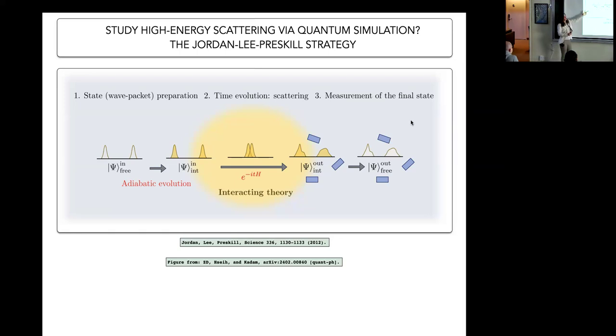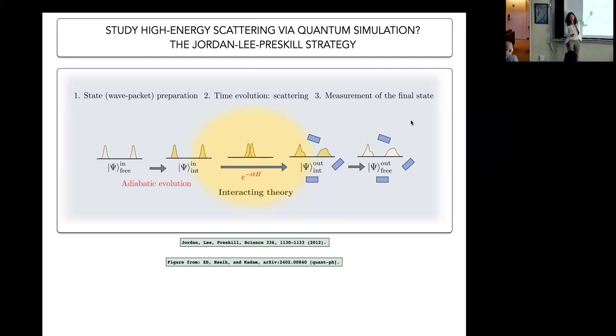You have to start with your initial particles, but you have to start from wave packets of those particles. A wave packet is an object that allows you to actually move these particles towards each other. If they were plane waves, then you wouldn't have this notion of locality and the movement of these particles.